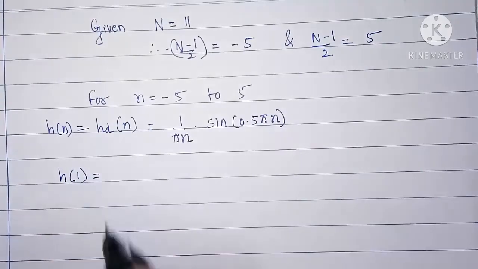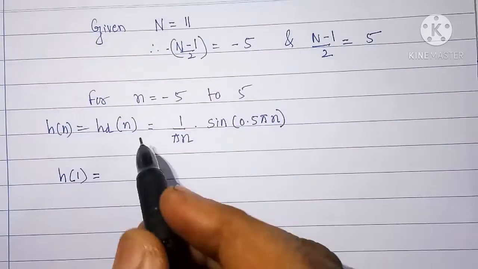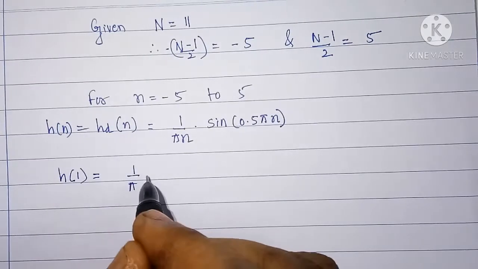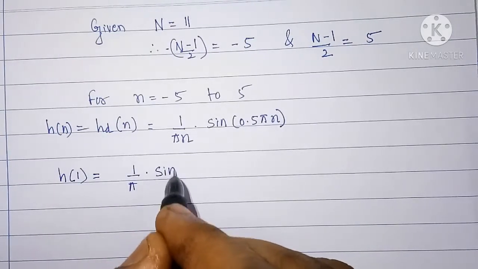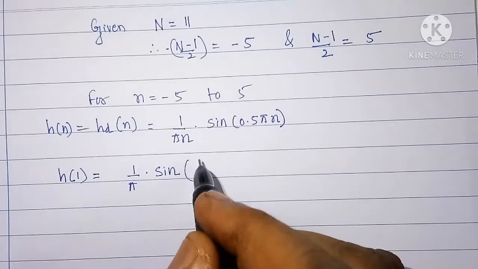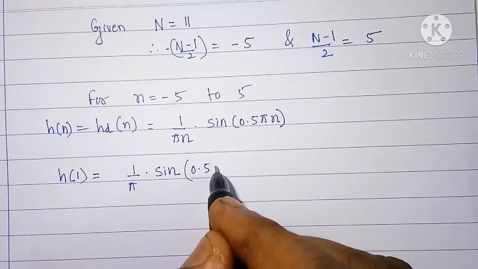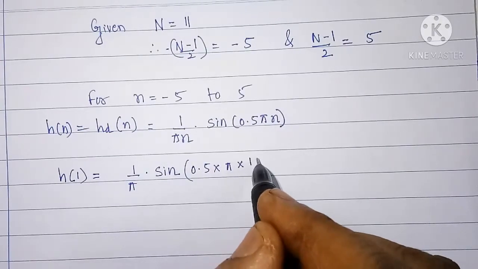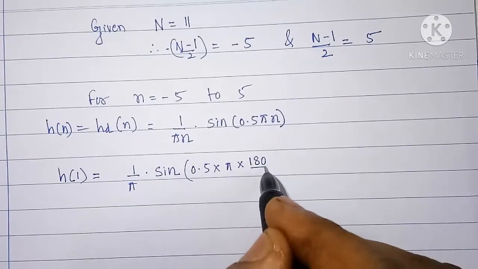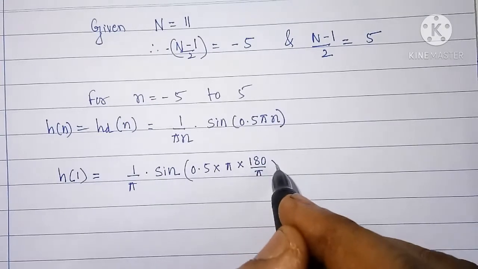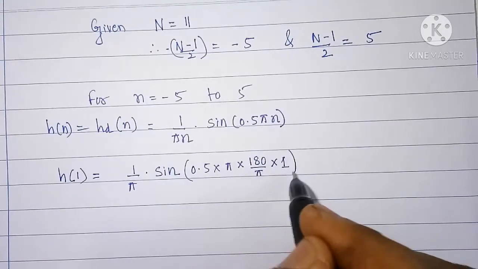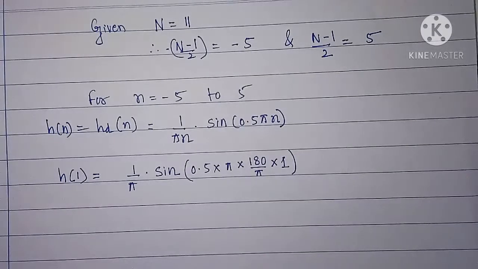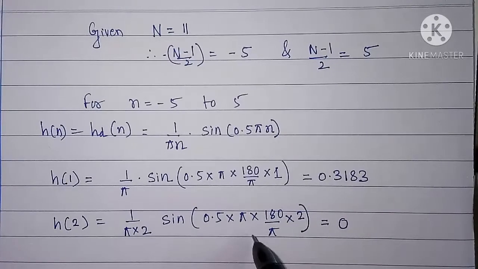H of 1 equal to 1 by pi into sine of 0.5 into pi into 180 by pi into 1, because we have to convert here radians into degree. 0, because sine of 180 is 0.